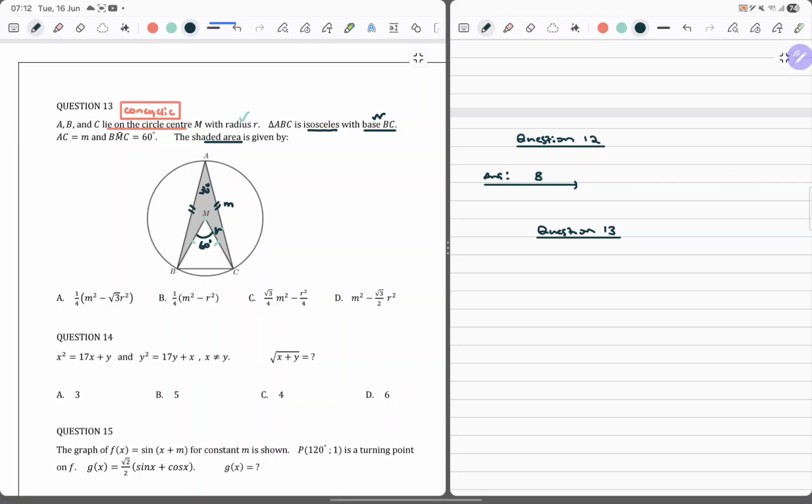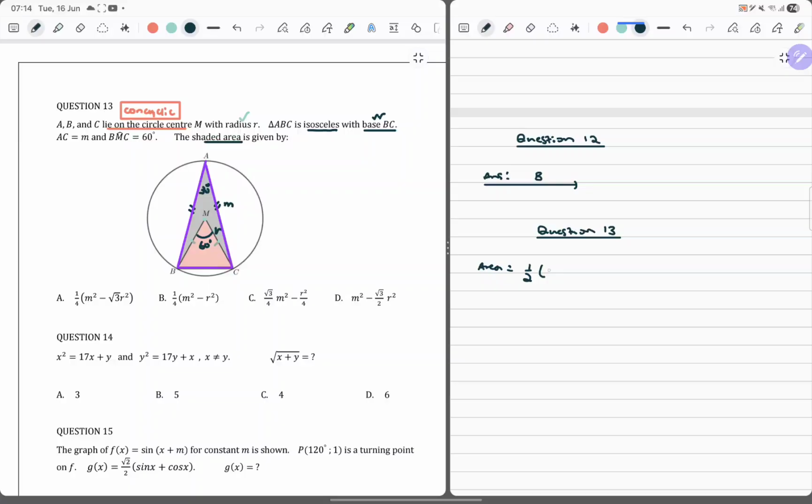So the shaded area is going to be the area of the big triangle minus the area of the small triangle. That gives us the area of the shaded region. So we can use our area rule here. We know that area is going to be half.